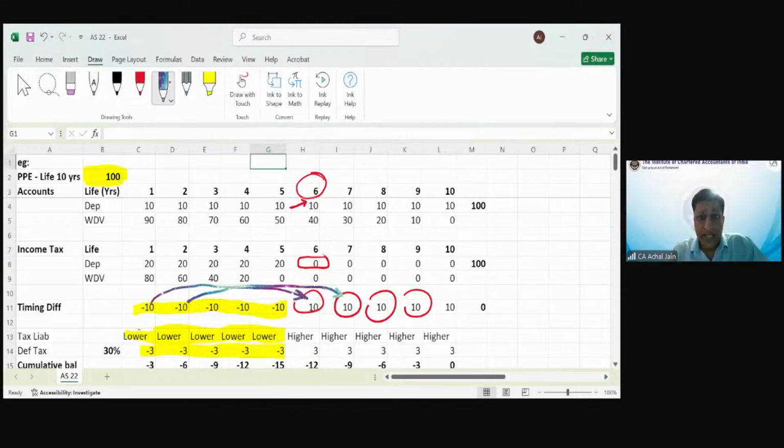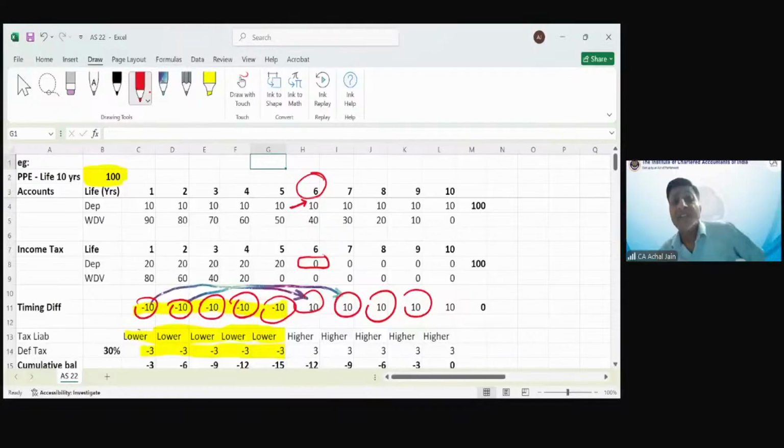So even though there were these differences of rupees 10, all of these differences were not permanent. They were only for a period of time. They are all getting reversed. All those differences are reversible.